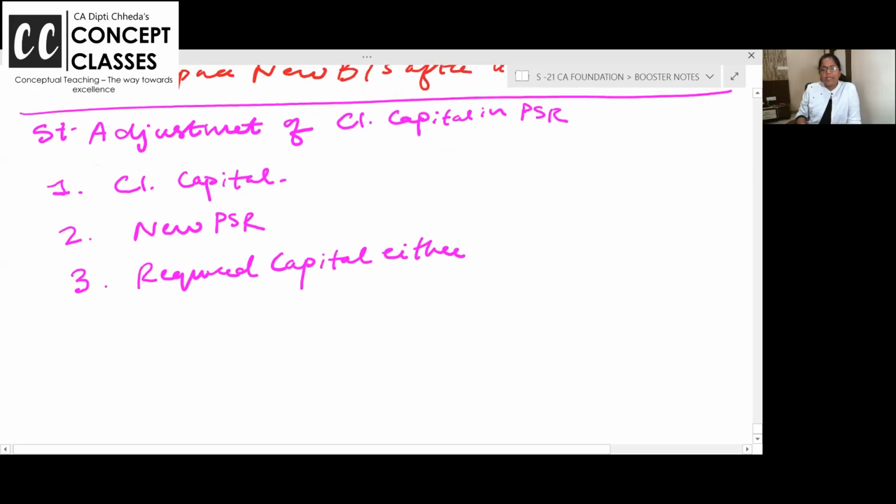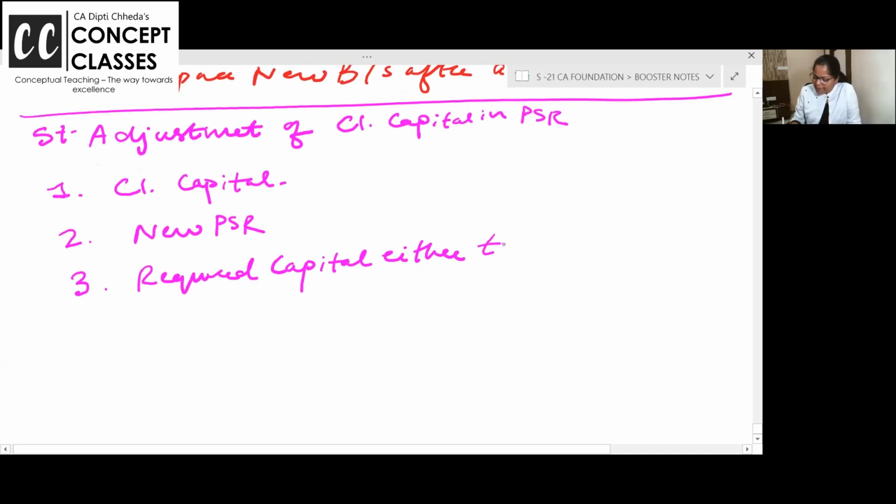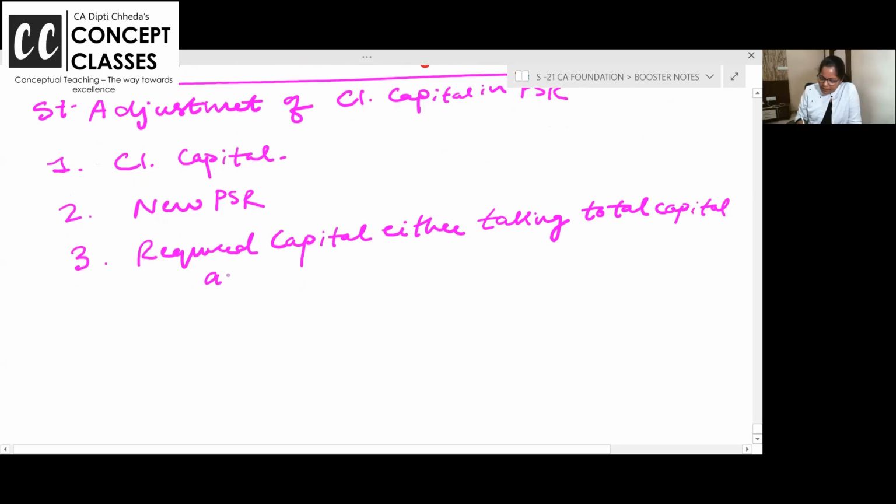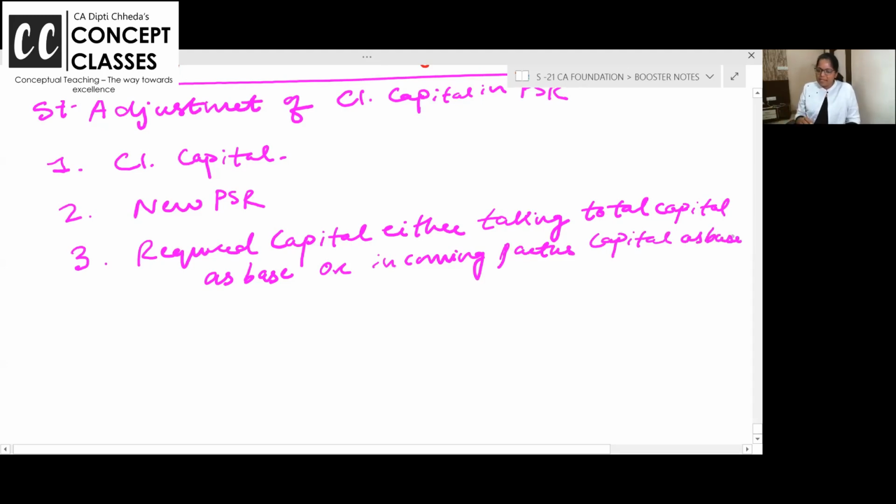Required capital either taking total capital as base or incoming partner's capital as base, as given in the exam.